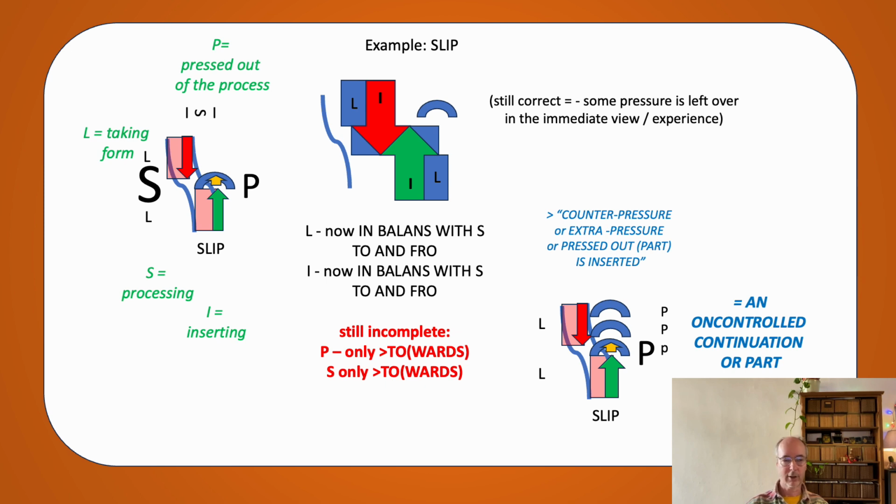Even when I just play with it in that way, to make a balance, I can see that some parts don't fit very well. The pressing out with slip is not so easy to express, because how can you control the situation with the pressing out? It doesn't fit very easily in that way.